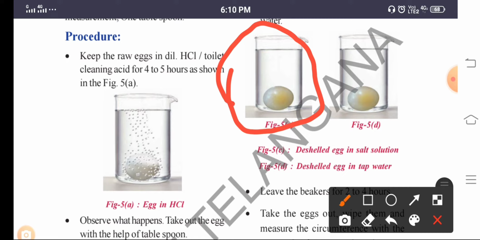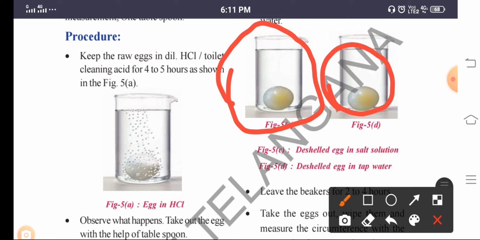Decelled egg means the egg does not contain the shell. Shell means the outer layer. The white strong outer layer is called the shell. So that shell is removed by dipping in the HCl. This egg also is without shell, so it is also a decelled egg.